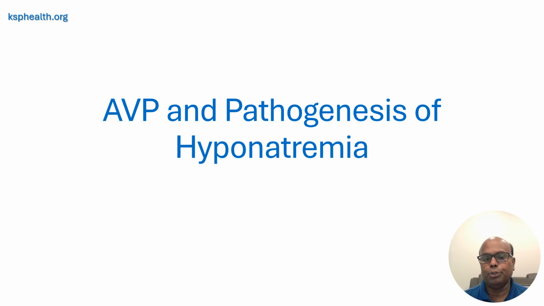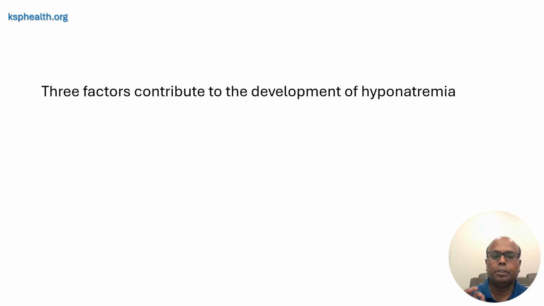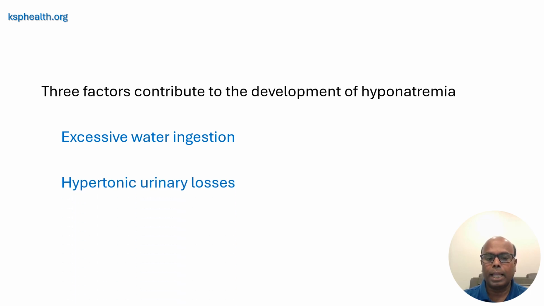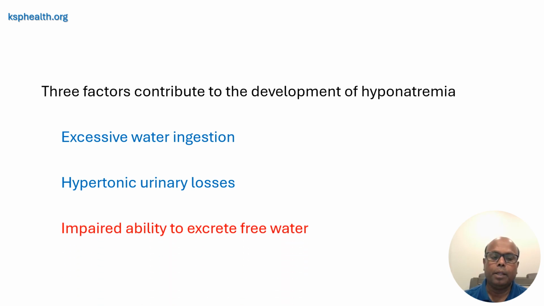Let's go into the pathogenesis of hyponatremia in the presence of arginine vasopressin. Three factors contribute to the development of hyponatremia. One, excessive water ingestion. Second, hypertonic urinary losses, meaning you tend to lose sodium in the urine.